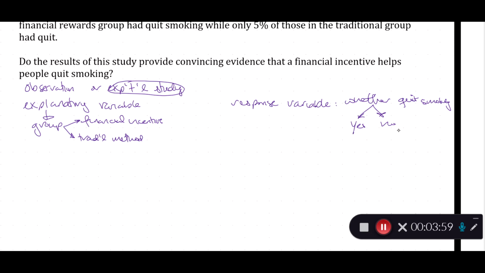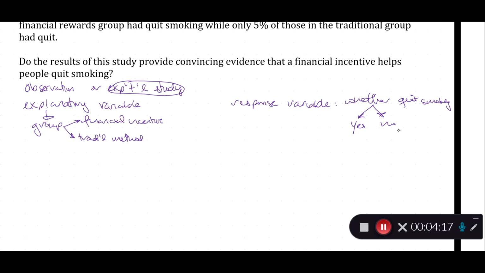Both of our variables, the explanatory and the response, are categorical. And remember, I've identified that this can be a tricky thing, so getting your variables straight and identifying them and their levels is really important, especially when dealing with categorical variables.